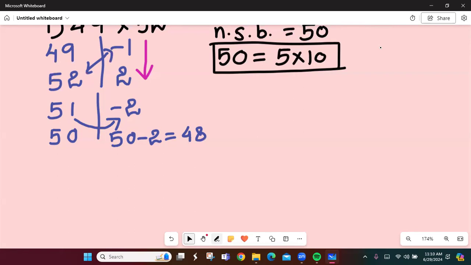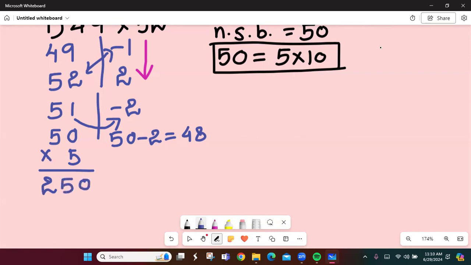And hence, I'm going to multiply here by 5 to change this to standard base 10. So I'm going to get here 250, and in the right partition, I'll get 48.